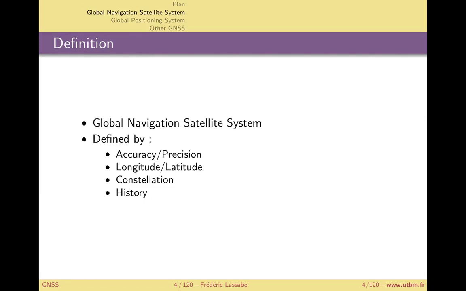And satellite systems because they rely on satellites to provide the positioning feature. These systems can be defined by their accuracy, their precision. They provide the position of the device as longitude and latitude. They are defined by a constellation of satellites, and some of their properties and technical choices are bound to their history.